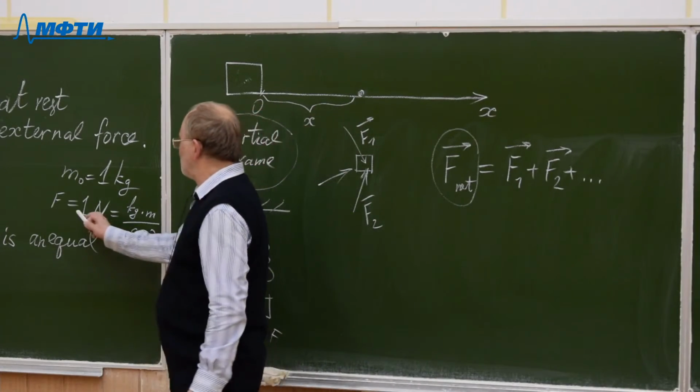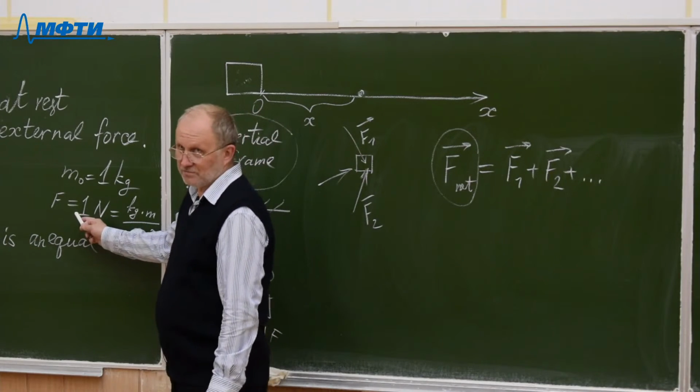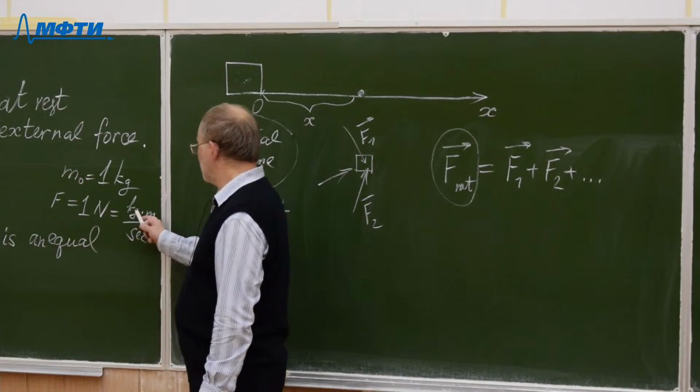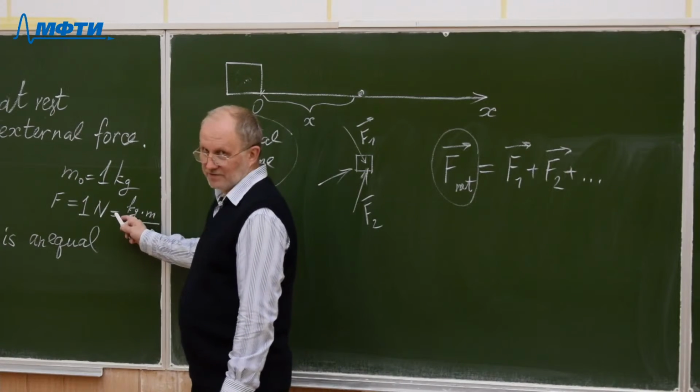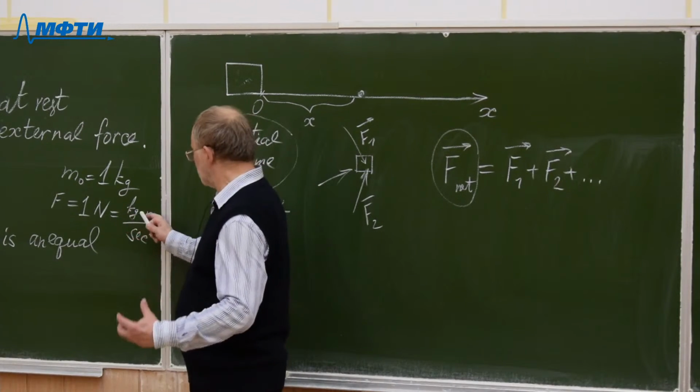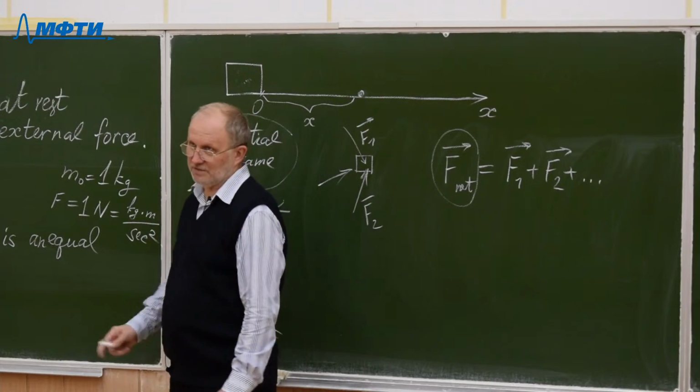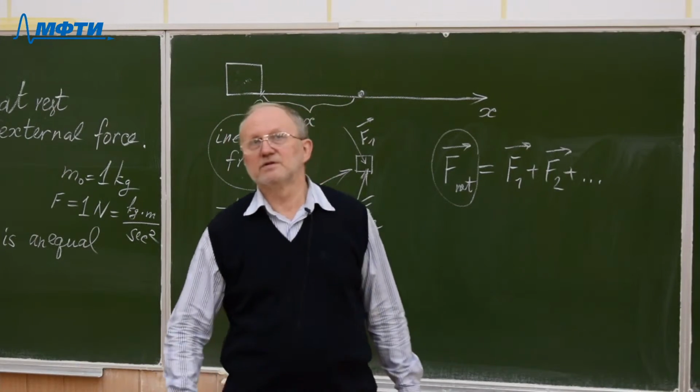So if you apply a force of 1 Newton to a body of 1 kilogram, then this body will obtain acceleration of 1 meter per second squared. That's the meaning of this unit.